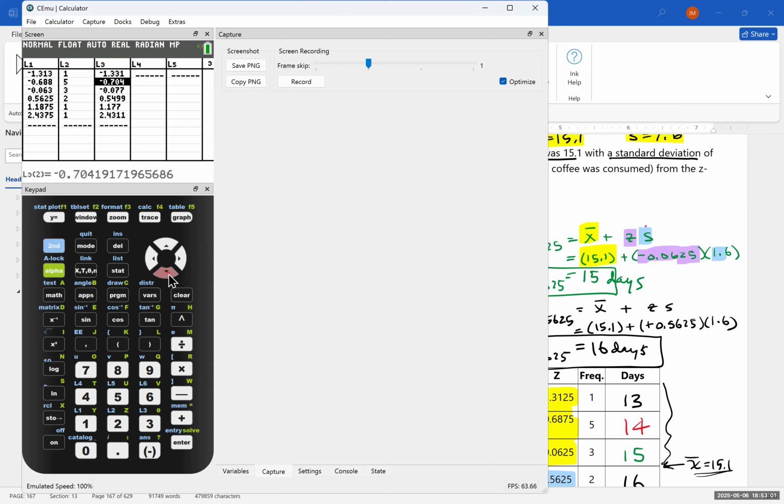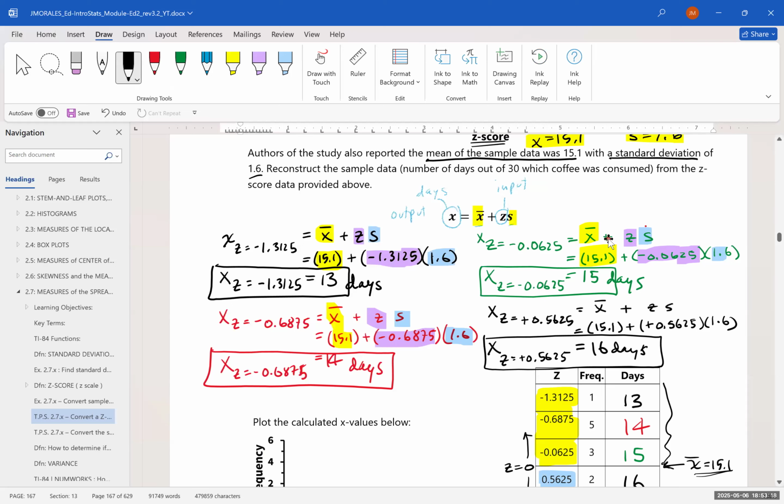That doesn't look right. That, of course, is not right. That should have worked. X bar plus list 1 times S.